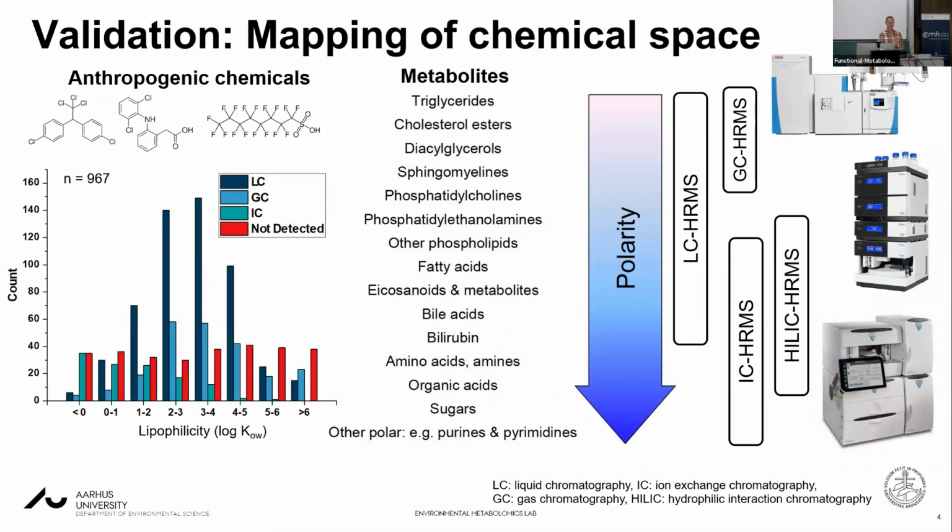But we have shown by spiking 967 substances that we capture 70% of them by doing this. And these substances range from really small molecules to large ones, like DDT and fluorinated compounds.